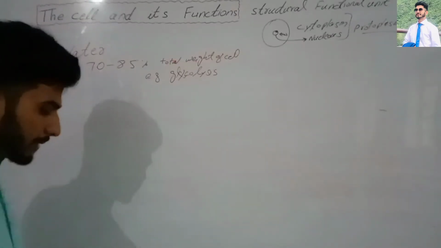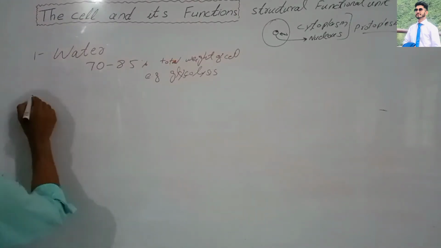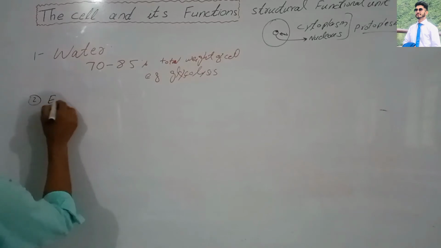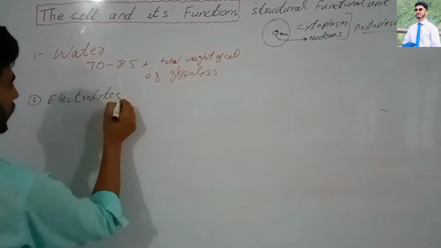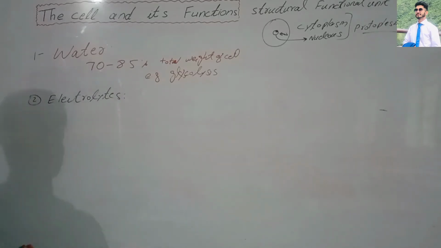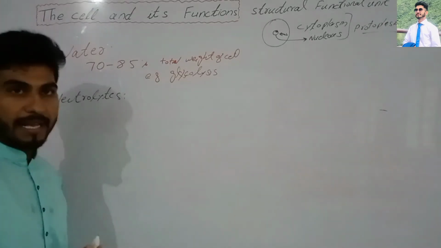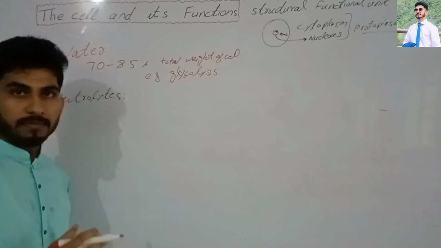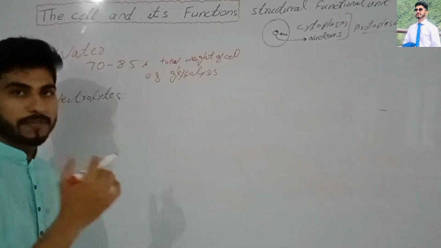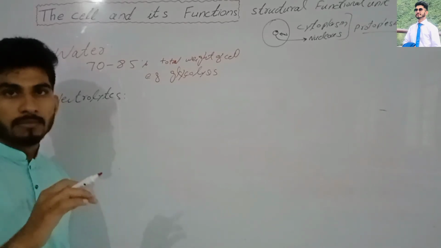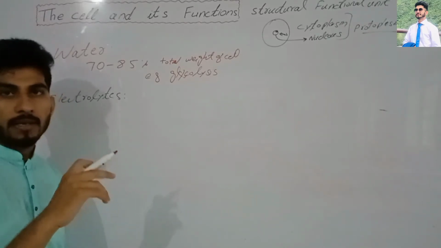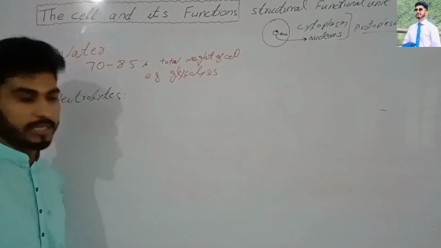Number two is electrolytes. The cell contains potassium, magnesium and phosphate ions in larger quantity, and sodium, chloride and calcium ions in low quantity.